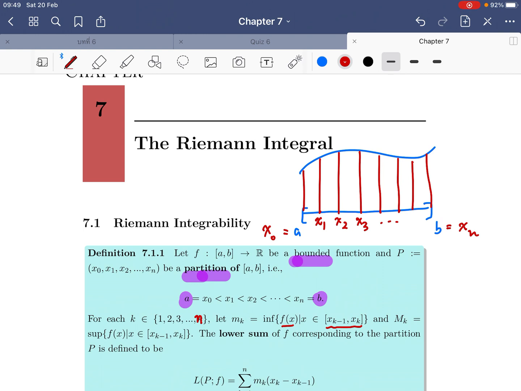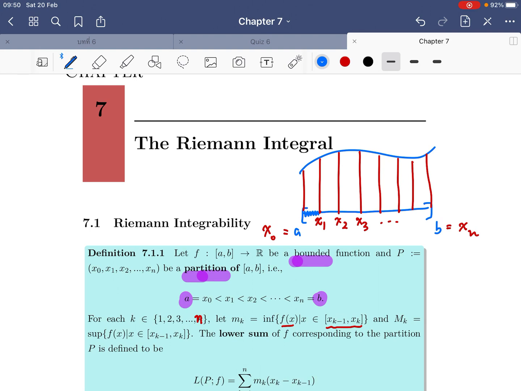So if your k is 1, you are talking about the first interval, from x0 to x1. If k is 1, you are going to find the infimum of this function inside this closed interval.